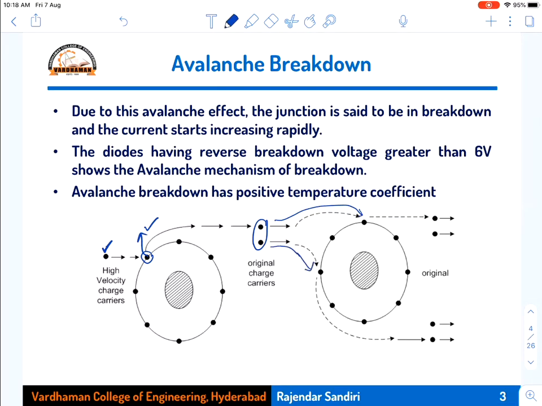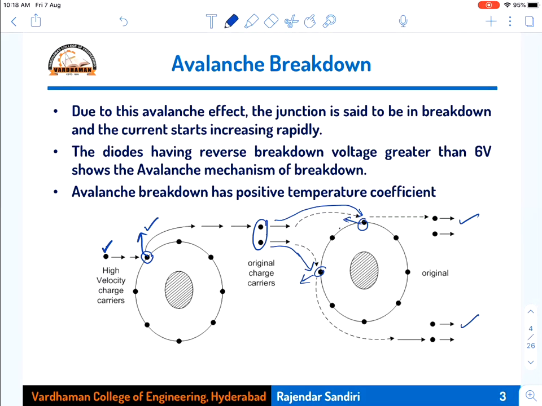Then this also comes out because of the collisions. Then these two plus these two will become four, and so on. This process keeps on continuing, so that one electron is generating so many new electrons. Therefore that creates a breakdown in the junction, and current starts increasing rapidly.